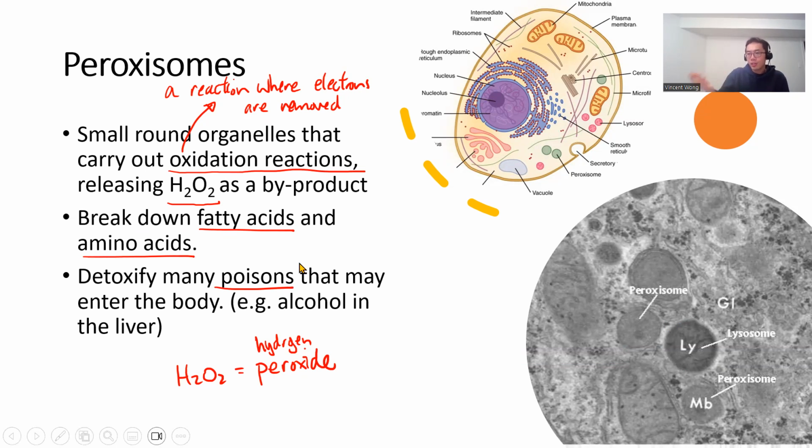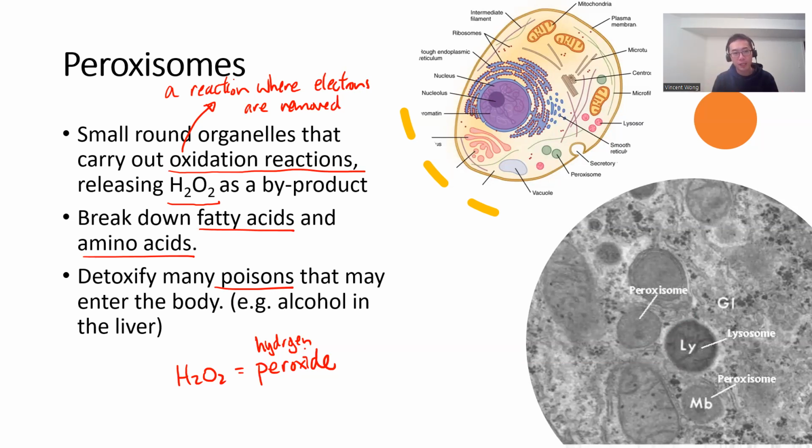And you might start to notice this sounds very similar to what the lysosome is doing, or like the smooth ER is doing, right? And it's okay. There are a lot of overlapping functions going on in the body. So the peroxisome is also responsible for breaking things down.